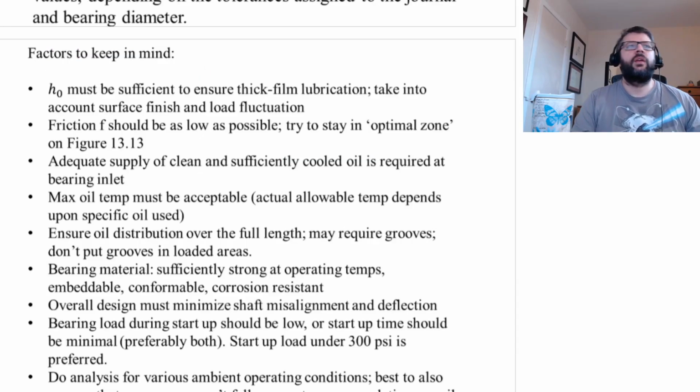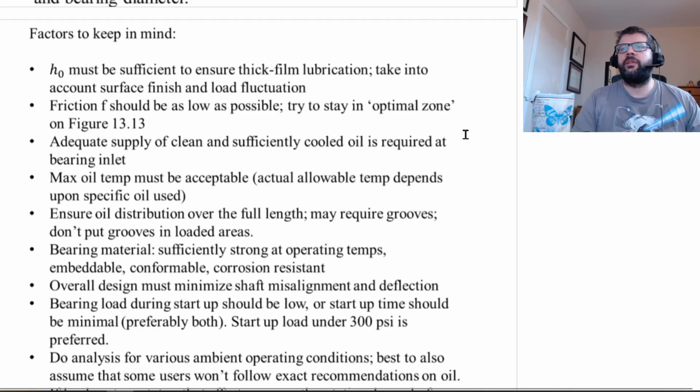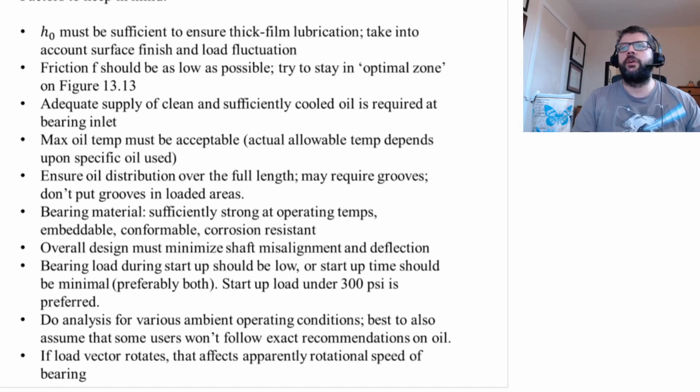So yeah, we want to ensure that our H naught is going to be large enough to get that full thick film lubrication. We don't want the intermittent contact going on. Generally speaking, obviously, we want our friction to be as low as possible.